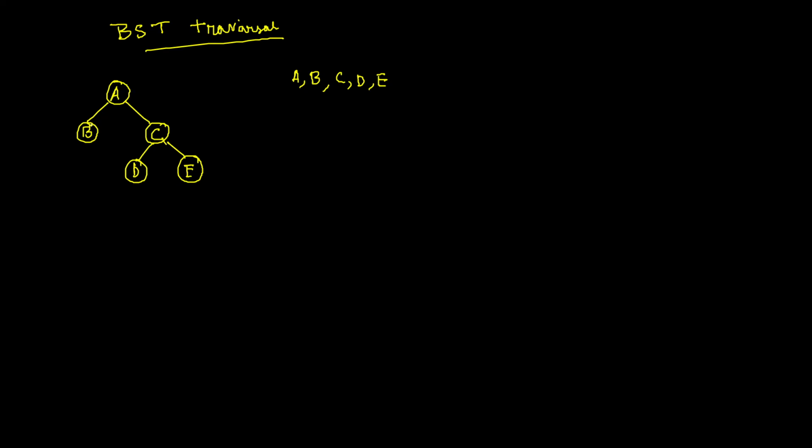When you write a program for printing these values of the nodes, one thing is sure: we started from here. This is my root. We started from here and we came left first. Then we have printed it.